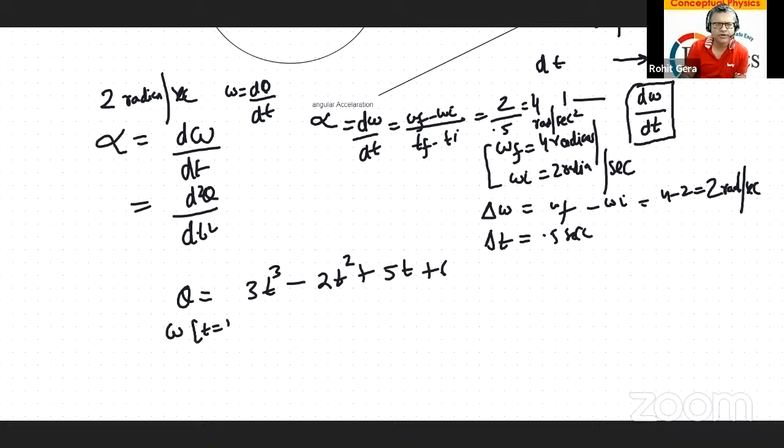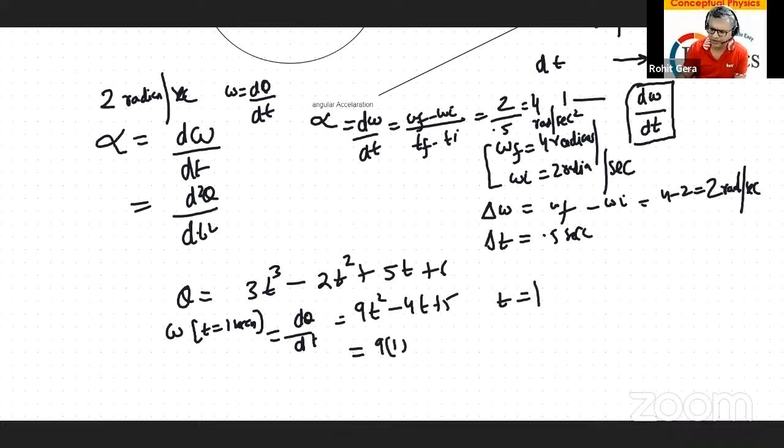Okay, so you can say d theta by dt is equal to 9t square minus 4t plus 5. Put the value of t is equal to 1. You get 9 into 1 minus 4 into 1 plus 5 is equal to 5 plus 5 is equal to 10 radians per second.